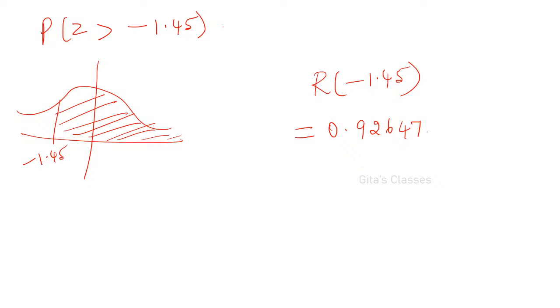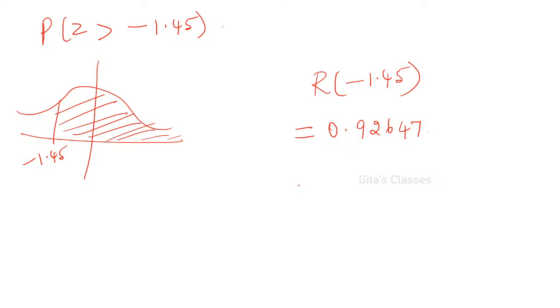Someone got 0.73529, which is the previous value. Kirtika, it is minus 1.45. I think you have found out plus 1.45 maybe. Let me check. Yes, you have found it wrong, Kirtika.